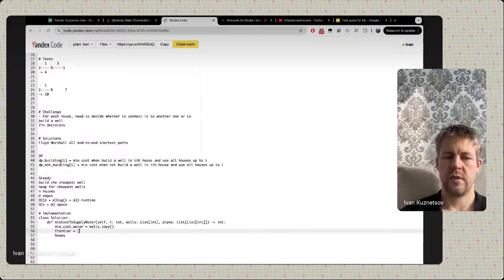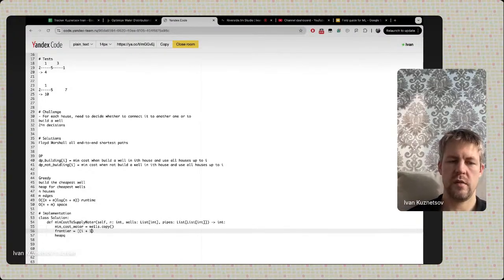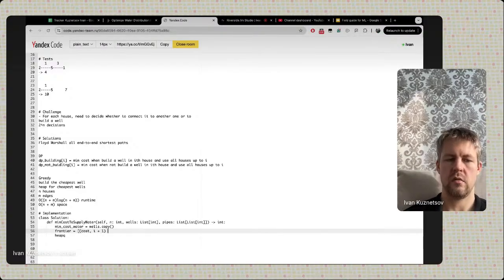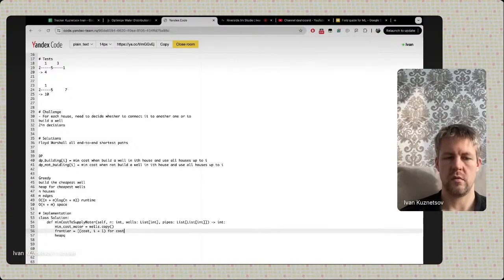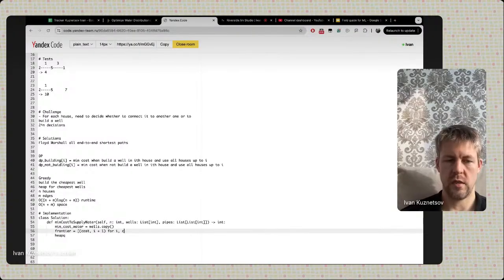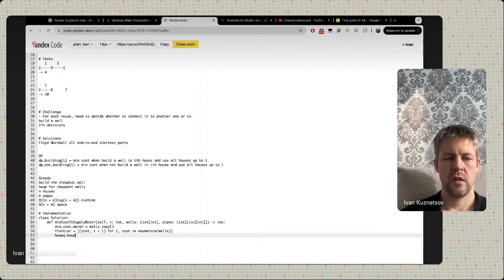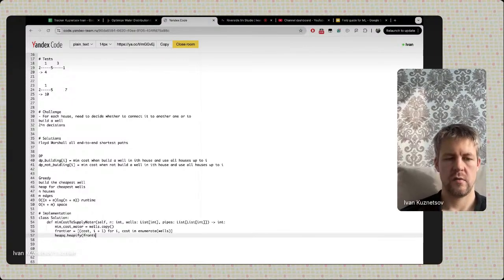So for frontier, we will have i plus 1, and this will be the house number, but the price will be cost for i, cost of new wells. Heapify frontier.